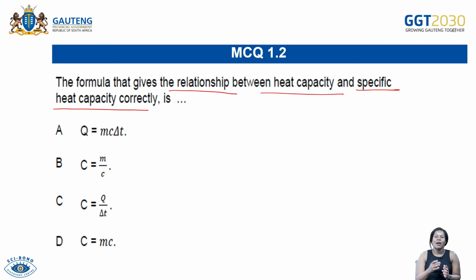Remember we have specific heat capacity and heat capacity. Definitely not all of them apart from this one, so option D is the most correct one.